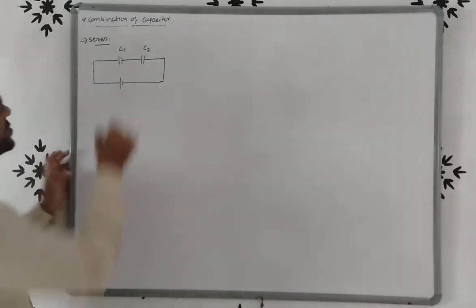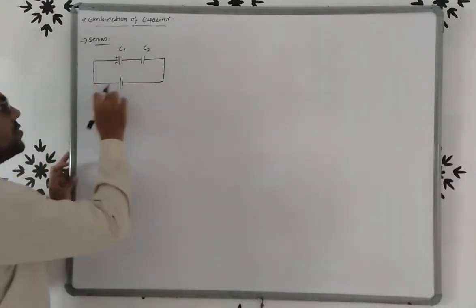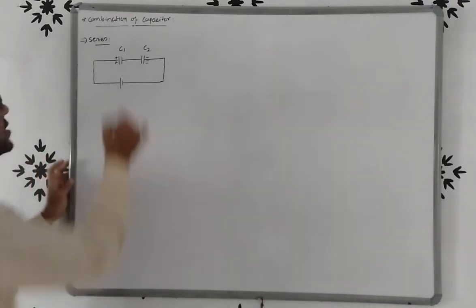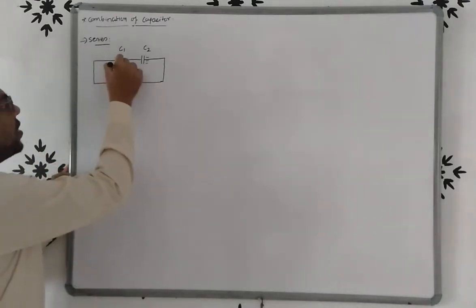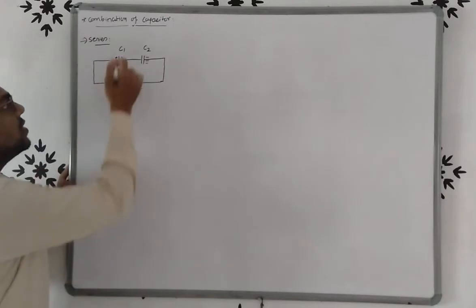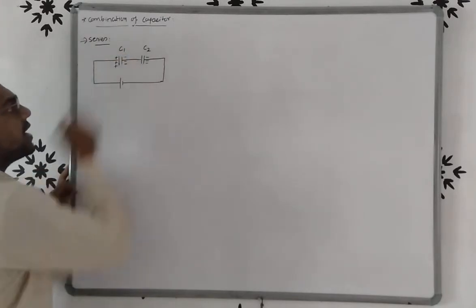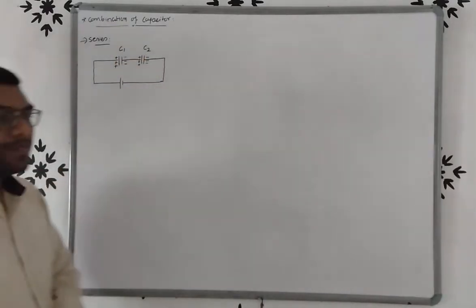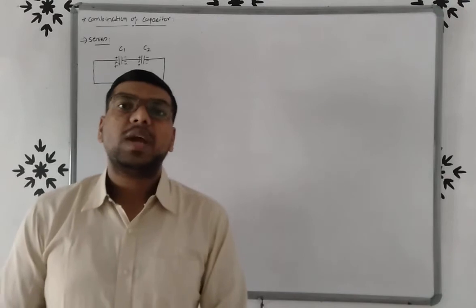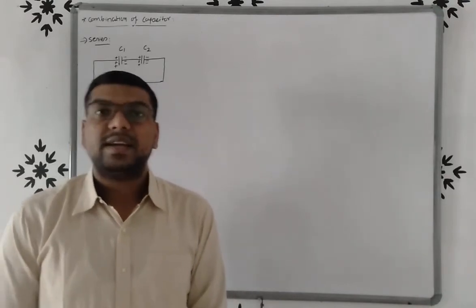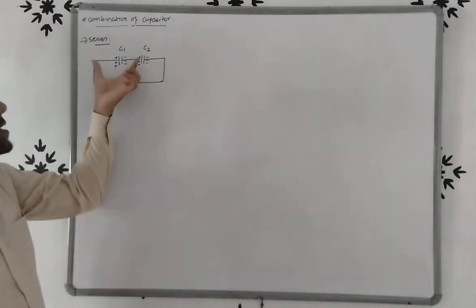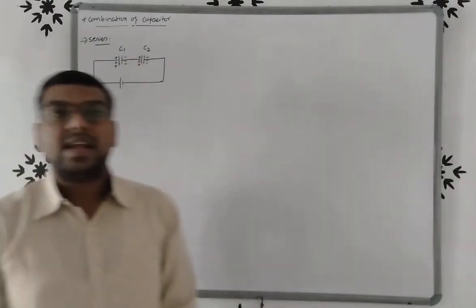The first plate of capacitor C1 is positive, so the second plate of C1 is negative, the first plate of C2 is positive, and the second plate of C2 is negative.